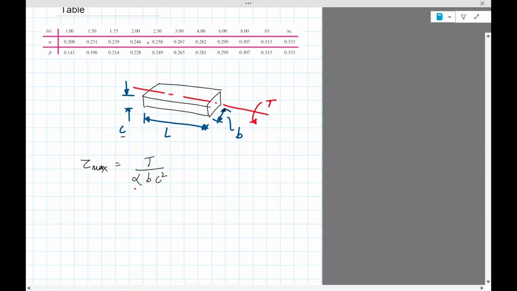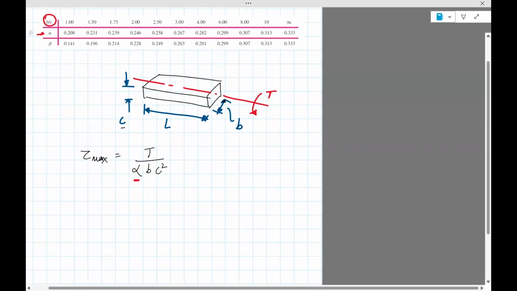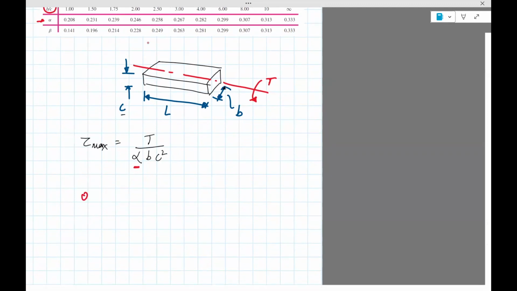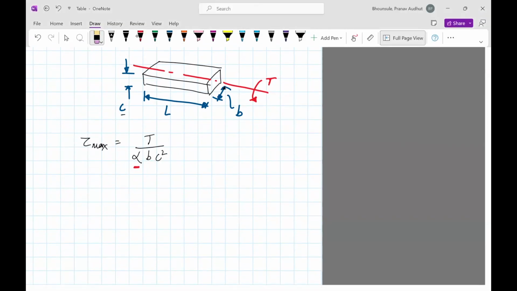There's a parameter alpha. That alpha is over here. So for various B and C, you can compute the ratio B divided by C. Once you have that ratio, you can compute what alpha is and then get the value for the maximum stress. Similarly, there's a formula for angle of twist, theta.